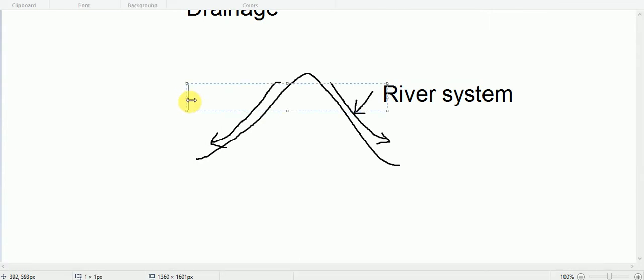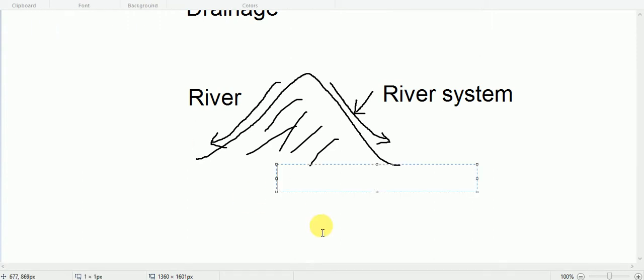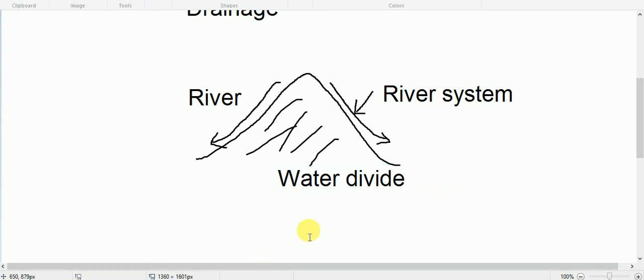This highland, this mountain range which separates two river systems, is known as water divide. It may be a plateau also. Any elevated highland which separates two river systems is known as water divide.